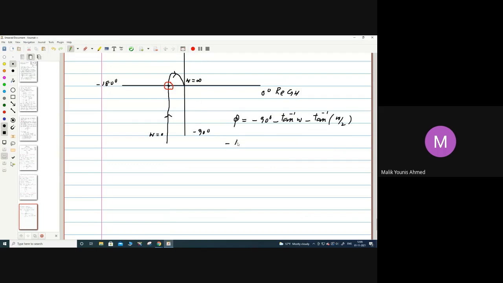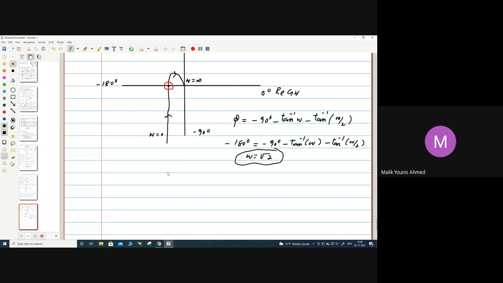Phase will be minus 180 degree. And from here, 90 degree equals tan inverse of omega plus tan inverse of omega by 2. You can get the value of omega here, which will be somewhere around under root 2. Last time I have done it once, so the same formulas will be used, so we don't need to calculate it here, it will take time.